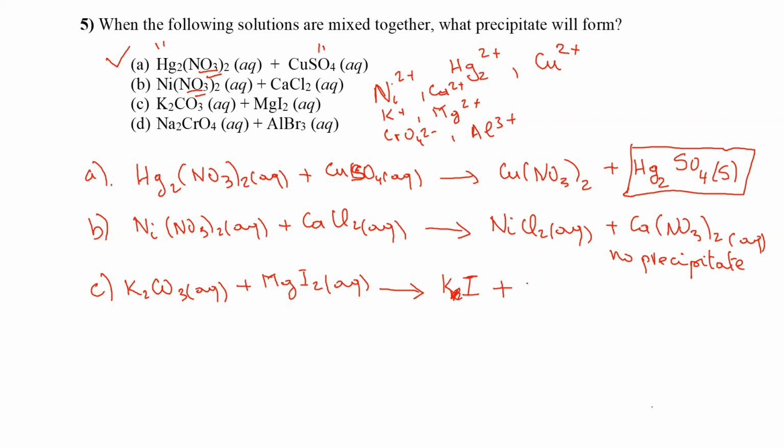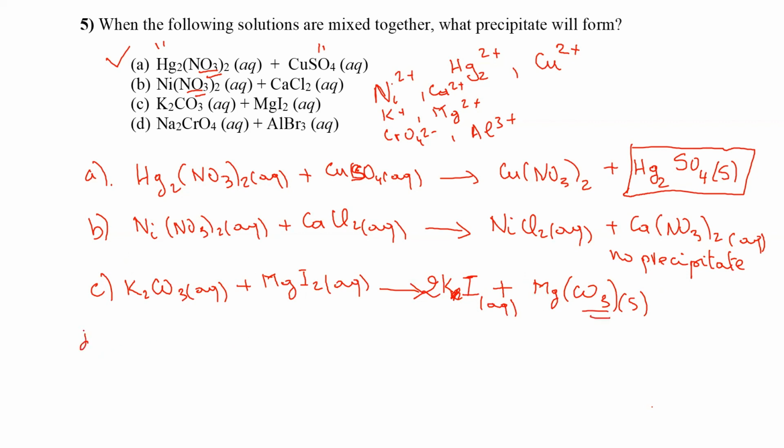Remember that anything with carbonate is not soluble, except when it is with 1A, like potassium, sodium, cesium, rubidium. So here we will have magnesium carbonate that will be solid. And here we need 2 times potassium iodide to have something that is balanced. Okay, aqueous. So here this will be our precipitate.